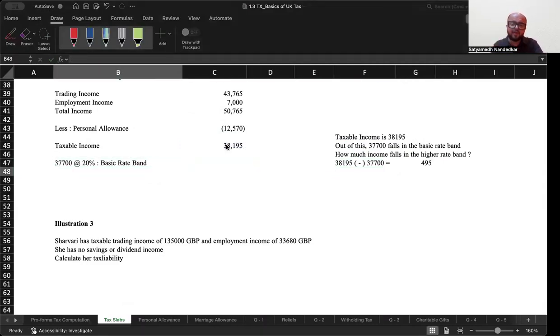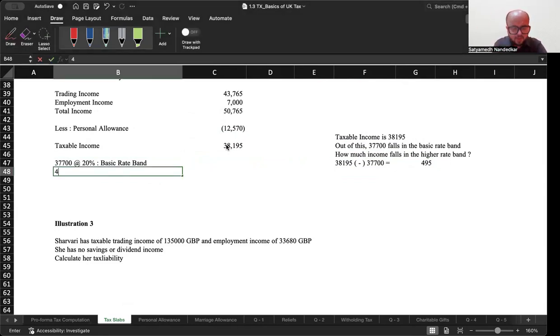Now this 495 falls in the higher rate band. When you are in the higher rate band, what is the tax rate? Tax rate is 40%. So here I will write down 495 at the rate of 40%, which is your higher rate band.